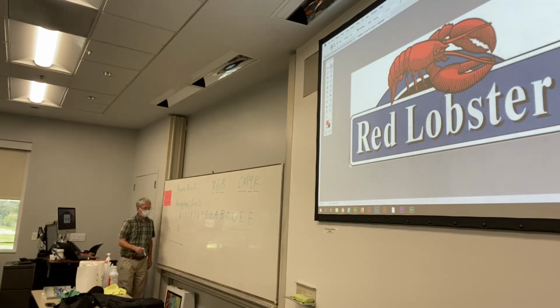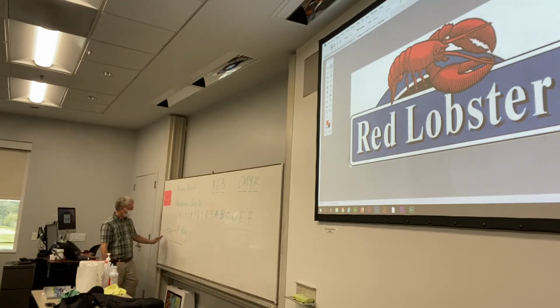So red gets 8 bits of color. That's 256 colors, okay? And it gets represented quicker with base 16, and so we don't have to write out as many numbers to indicate what color we want.